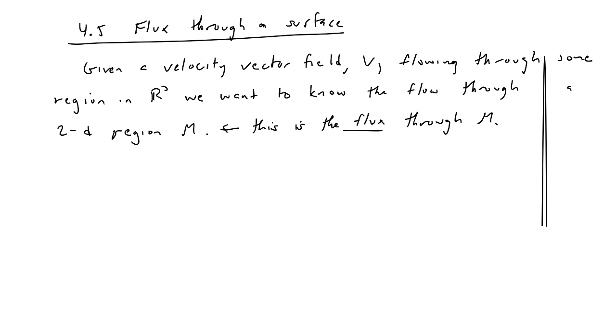The way the river is moving at all the different points would be the vector field V. And you can think of M as kind of an invisible net, which is a 2-dimensional object that you're putting into the river. And we want to know how much water flows through that region. And that's the flux.